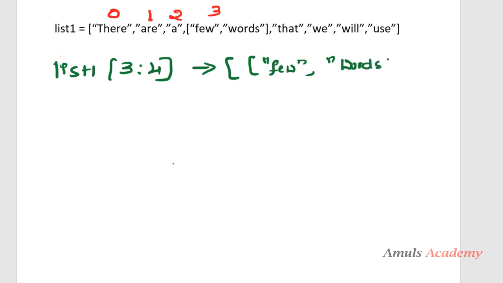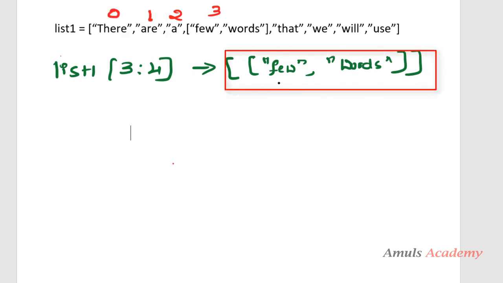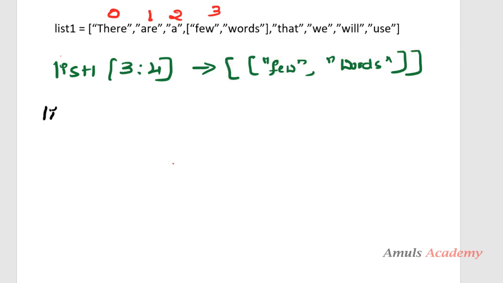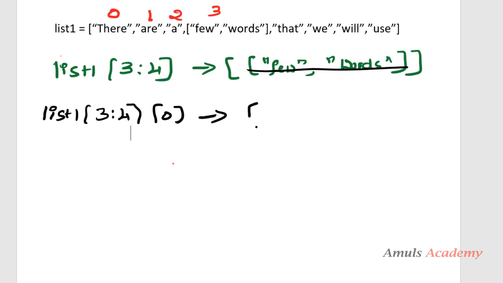So this is the output for this. Next, if I want the first element in this list, then I can write like this, list1 of, 0th index means first value, right? So we'll get this as the output.